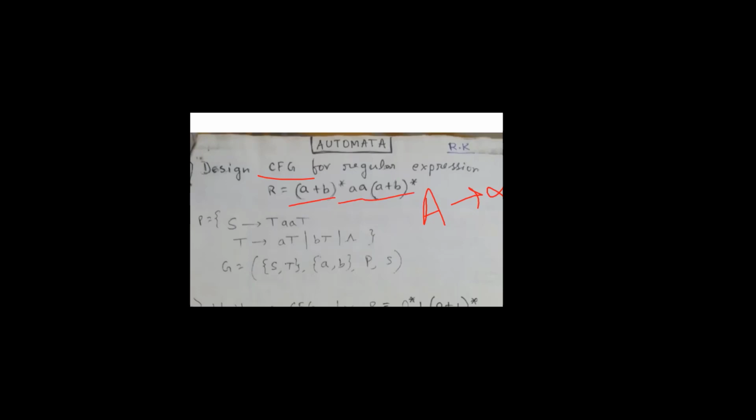That means this is a conversion from RE, that is from regular expression, to context free grammar. You know, context free grammar is type 2 and regular is type 3.